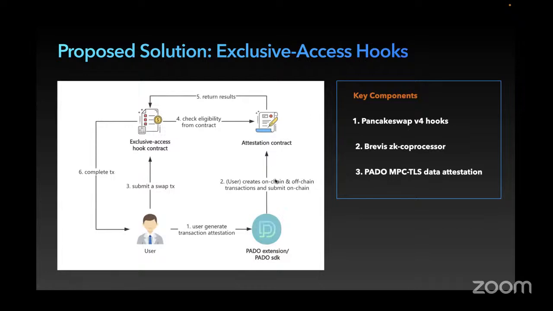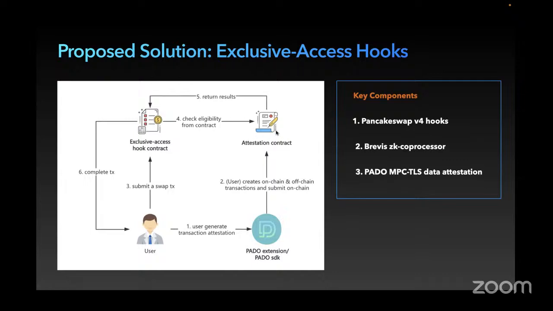Basically, we will have a hook contract, and it should combine with a DEX contract as well. When a user submits a swap transaction, the hook contract verifies whether the user satisfies certain conditions. It checks eligibility based on the user's attestation status, querying attestation data on the attestation contract already deployed on the blockchain.